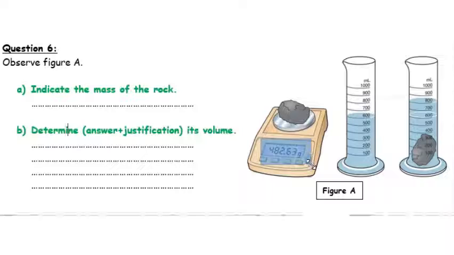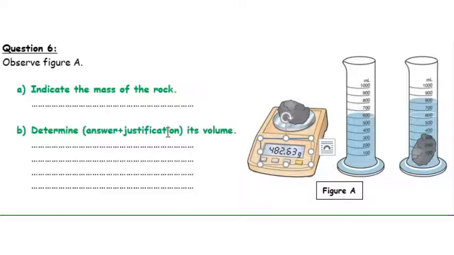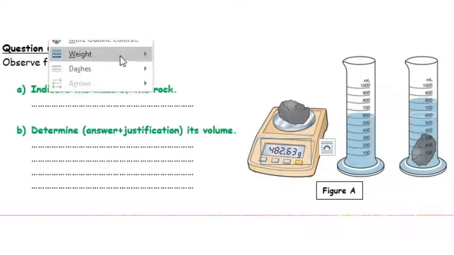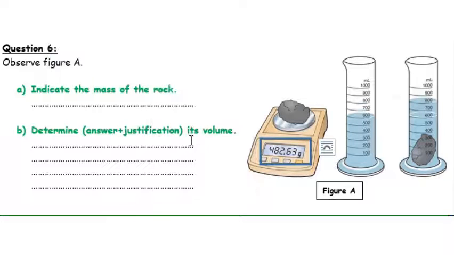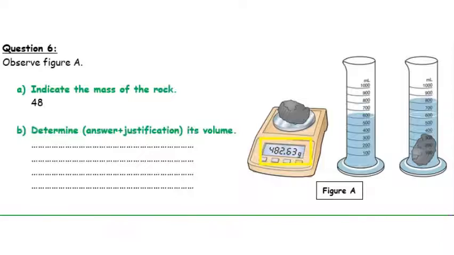So here is the mass written in front of us. 482.63 grams. I will copy the mass in here: 482.63, and don't forget the unit, which is gram. So the mass of the rock is 482.63 grams.